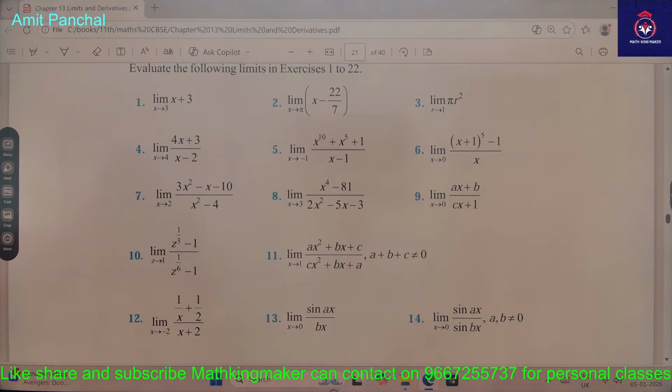Wait, x plus 2, x minus 2, 3x squared minus x minus 10, into x minus 2.